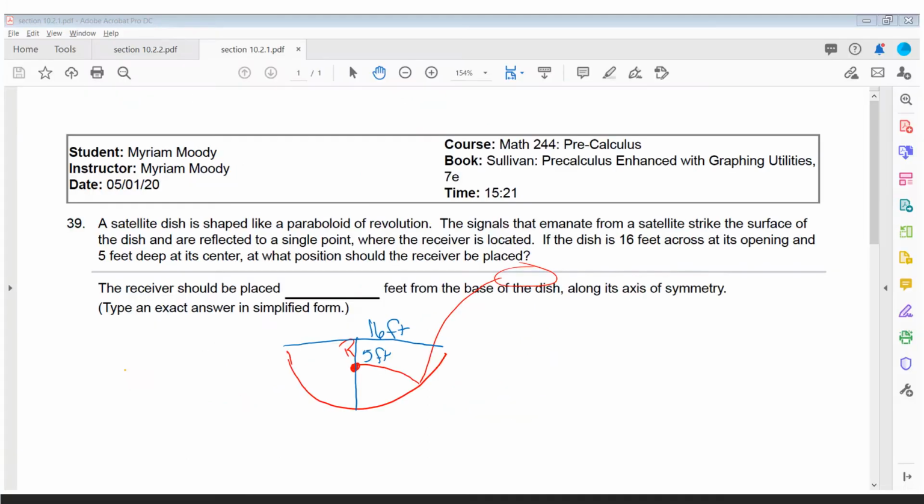Now I'm going to look back. And it's asking the receiver should be placed how many feet from the base of the dish along the axis of symmetry. And notice it says it wants an exact answer. Exact answer means no calculator, so stay off of those things. So the receiver should be placed how many feet from the base of the dish?